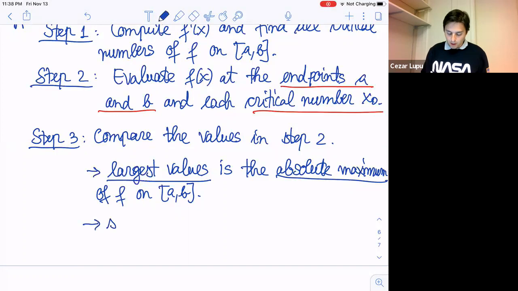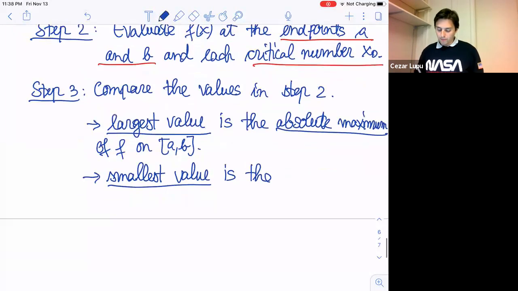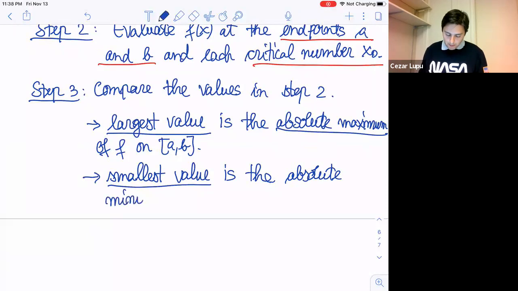And the smallest value is the absolute minimum of f on the interval AB.